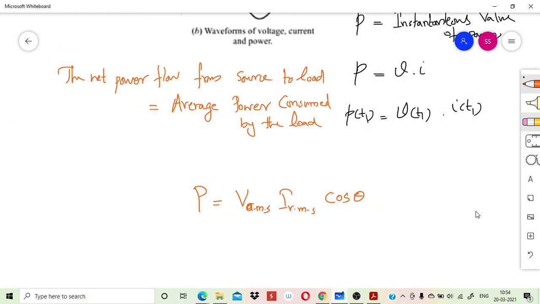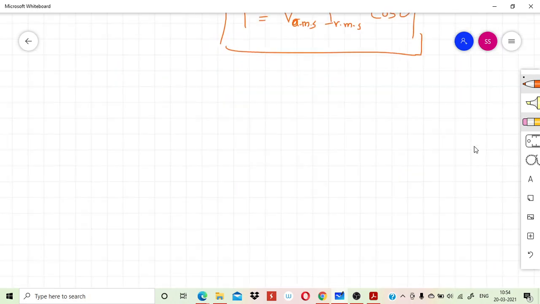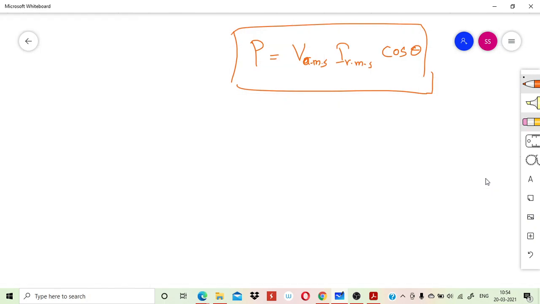So you will get this equation. I will prove this also; if you have any doubt, I will prove it.